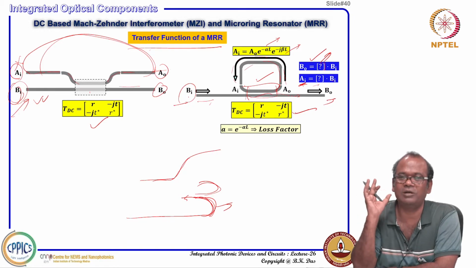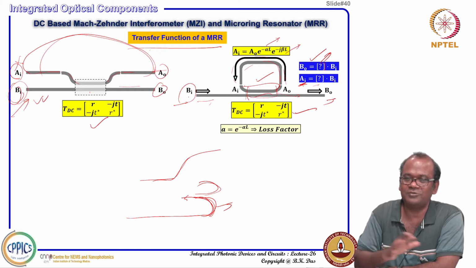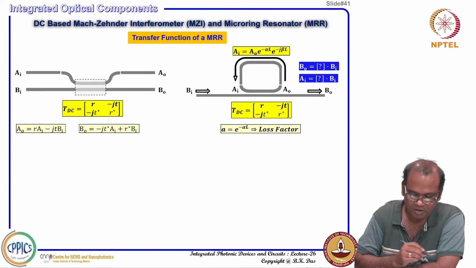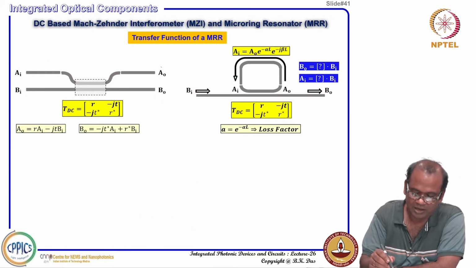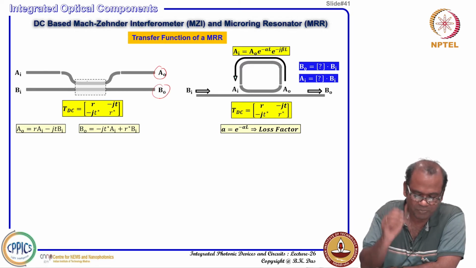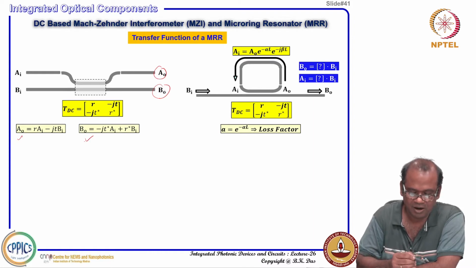It is very straightforward. If you know the directional coupler transfer matrix, you can just derive it very quickly. I will just discuss that. Let us consider this. Now, you have this A naught and B naught. For a simple standard directional coupler, how is the relationship?